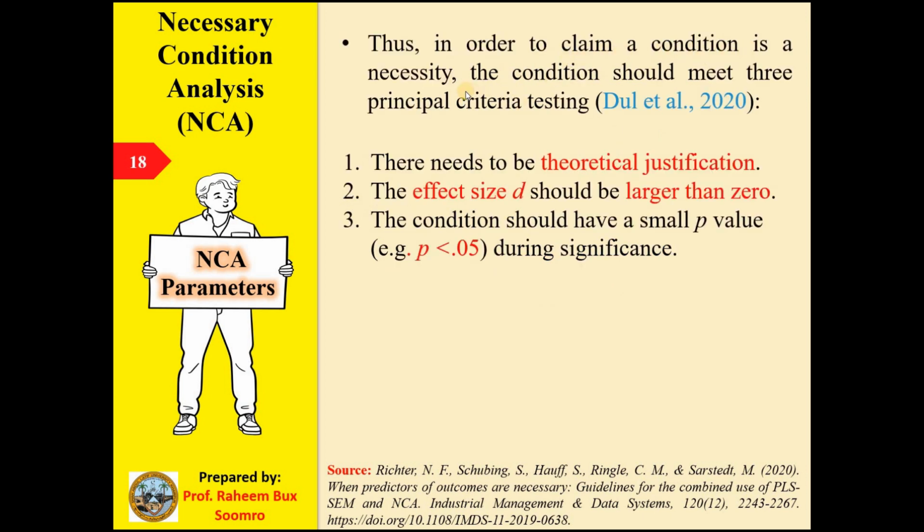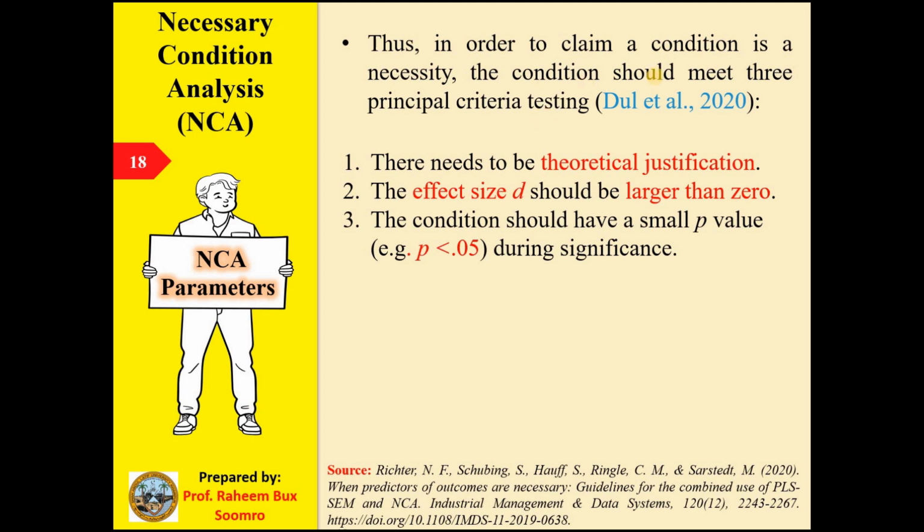Thus, in order to claim that a condition is a necessity, the condition should meet three principal criteria. Any condition which is necessary should meet these three conditions. Like I already gave an example: if you want to get admission in the PhD program, the GRE is necessary. So now the GRE is our necessity, and it should meet the three conditions.